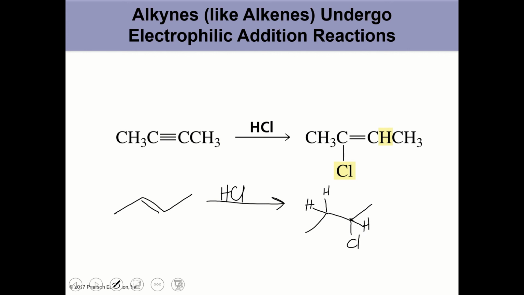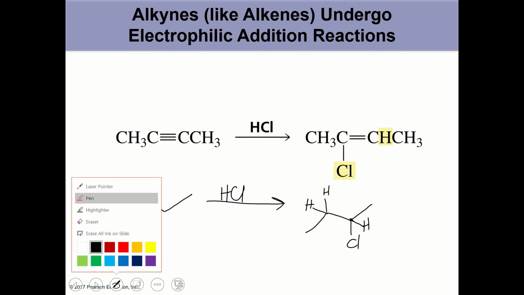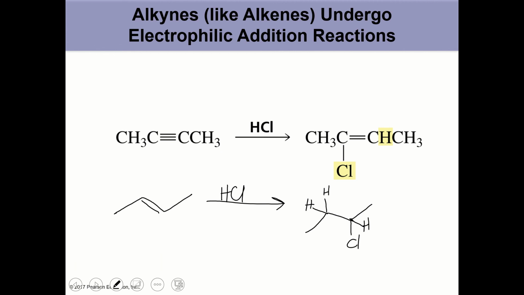So we eliminated the pi bond, and we gained a hydrogen and a chlorine when we put HCl in solution in reaction with the alkene.